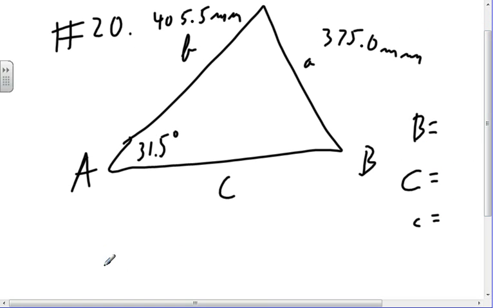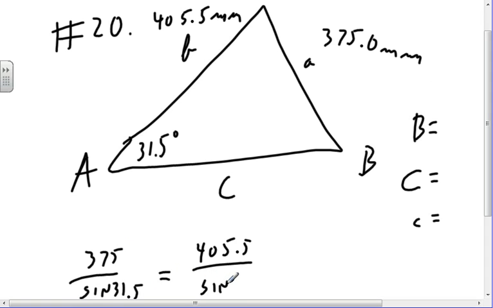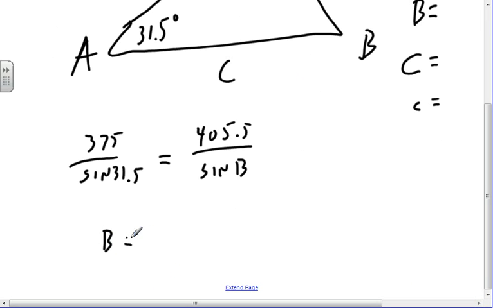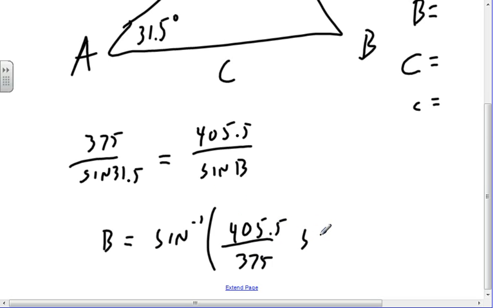Okay. So I write 375 divided by sine of 31.5 is equal to 405.5 divided by sine B. I come up that B is equal to the arc sine of, cross multiplying, 405.5 times sine 31.5 over 375.